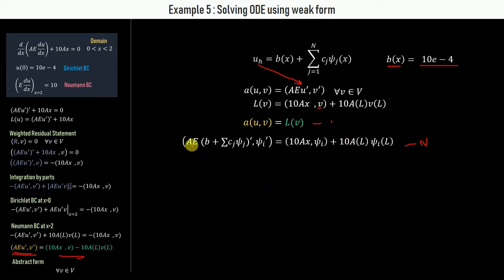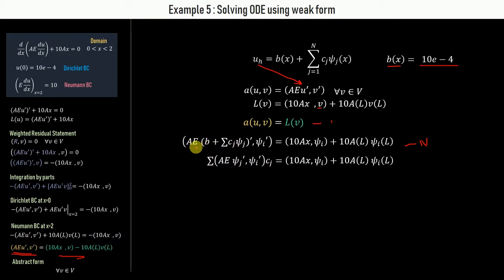Okay, so AE u dash is b plus summation of cj psi j dash. Summation is implied over j, and in place of v we have input psi i dash. Similarly, in L(v) we have put psi i, and here psi i at L.